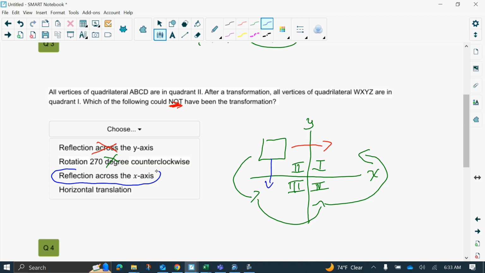And so that is the one that I want because that does not put me in quadrant 1. And then lastly, horizontal translation, well, that just means move it sideways. And so that would mean that I could move it sideways into there. And so, yes, horizontal translation would put me over there.